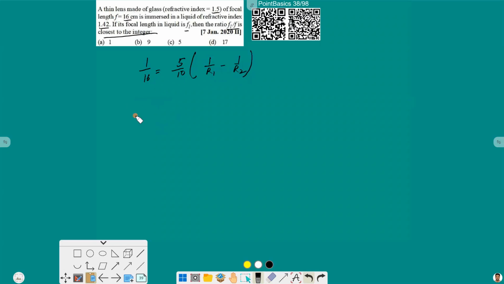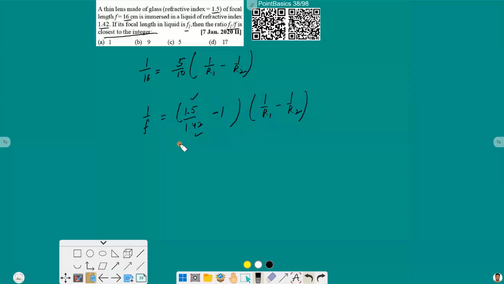Now inside the liquid, suppose the focal length is f, and that will be equal to 1 minus 1.5 divided by 1.42. Oh sorry, reverse will happen. It is mu minus 1, not 1 minus mu. So that will be 1.5 by 1.42 minus 1, refractive index of the lens by the liquid, into 1 by r1 minus 1 by r2.